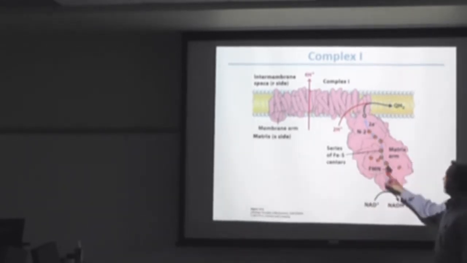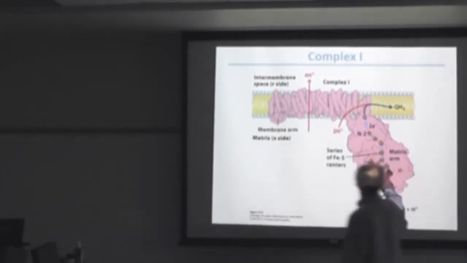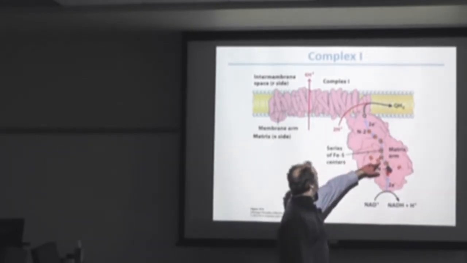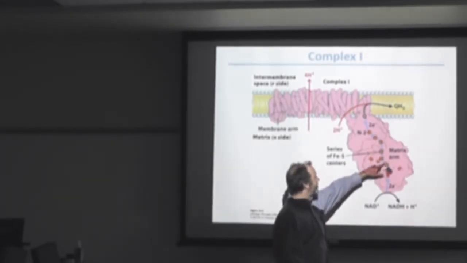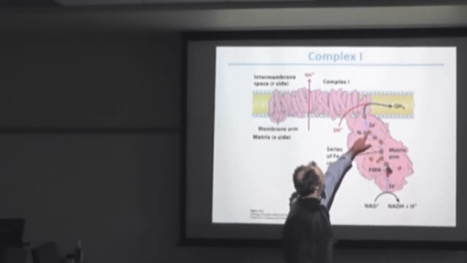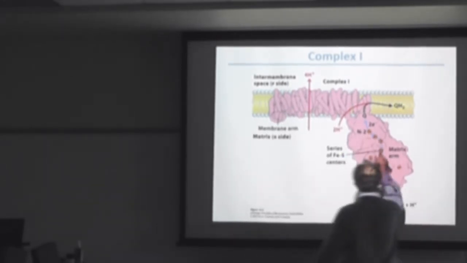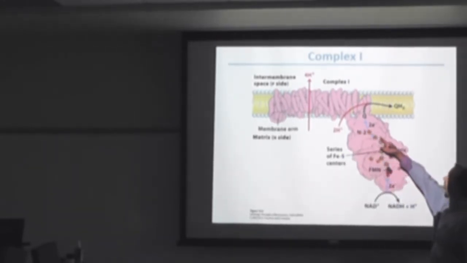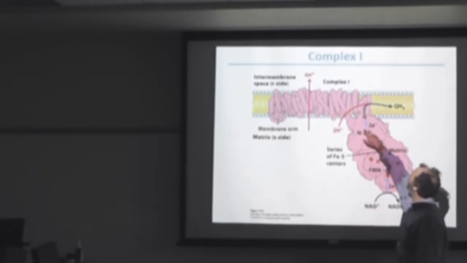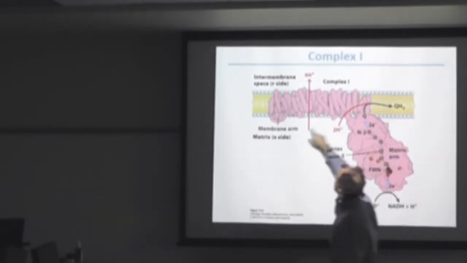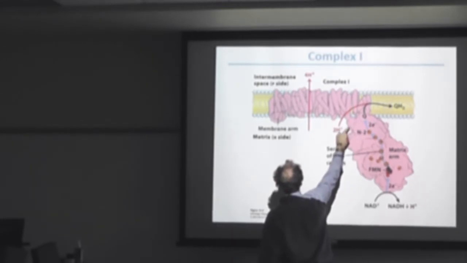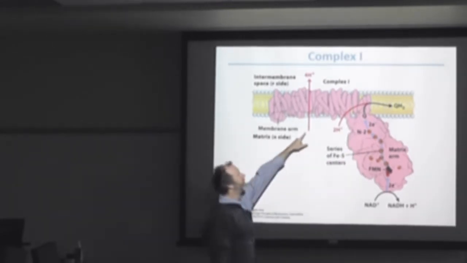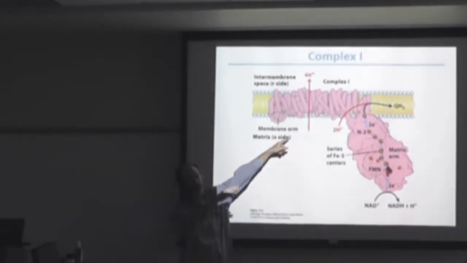Those 2 electrons go to FMN, which then get transferred to a series of iron sulfur centers. And then, that's 1 electron at a time through the iron sulfur centers. Then to ubiquinone, and in all these electron transfers, we're able to pump 4 hydrogen ions across the membrane against their gradient.